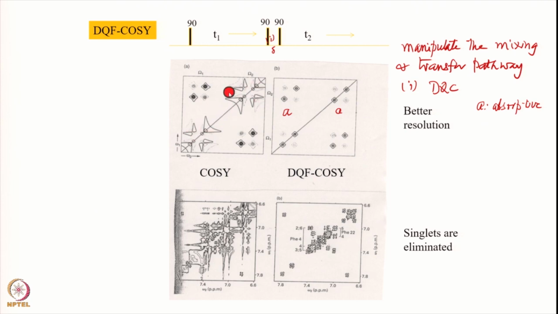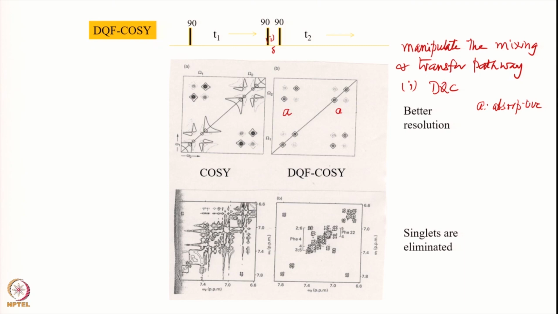So that will be very destructive, and here in the double quantum filtered COSY the singlets will not appear, because this filtering technique eliminates the singlets. In the double quantum filtered COSY you have beautiful resolution and the fine structure is very clear, okay. And that is the advantage of the double quantum filtered COSY experiment.